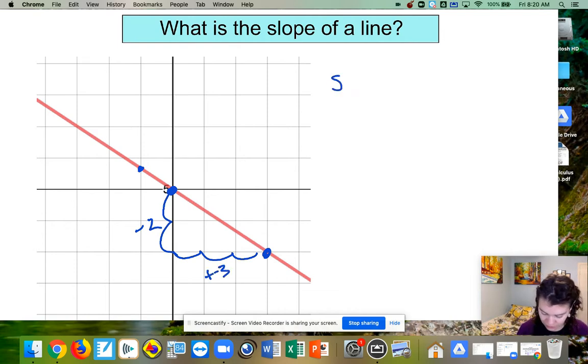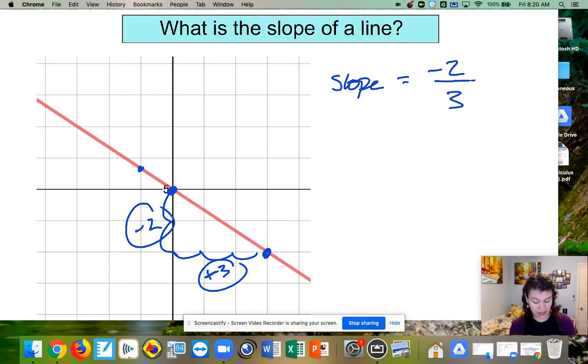So your slope is going to be your rise, so our negative 2, divided by our 3. Now, if for some reason you didn't see that center point, you could have seen a different point here. Like maybe you looked at this one and this one. You should get the same slope. So if we calculate that doing this way, we went 1, 2, 3, 4.